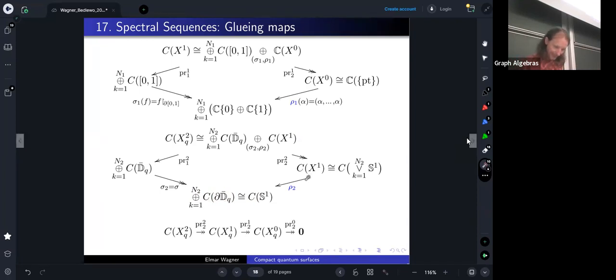If you think about higher dimensions, we assume that this K-theory is the same as in the classical case. Sure, if it's commutative, there's no problem. Now, with this map, we can identify generators.